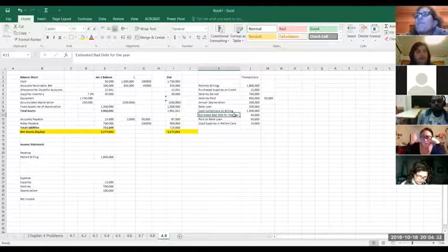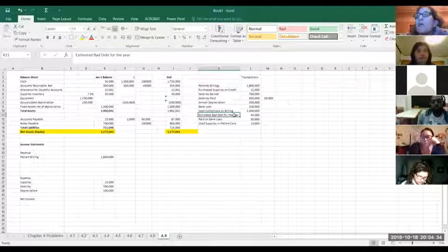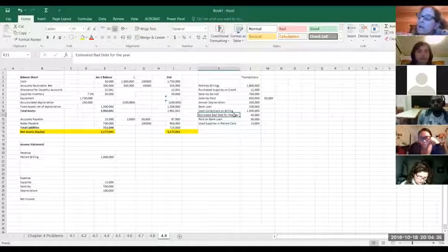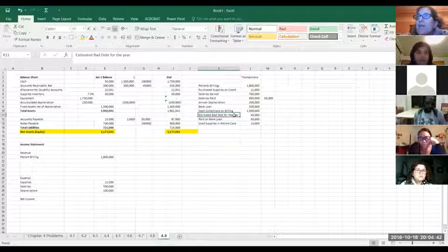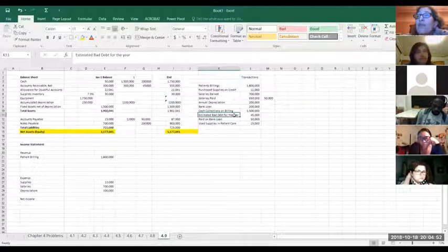The first item is estimating how much bad debt you think you will have. That's a provision for bad debt or an allowance for bad debt. That's the assumption on how much bad debt you think you will have.